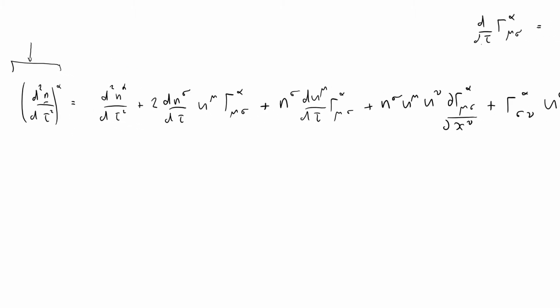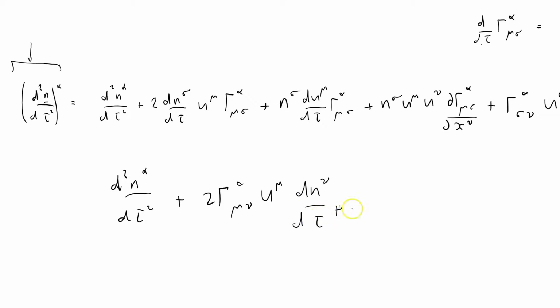The original geodesic equation with the green stars was d2n alpha by d tau squared plus 2 Christoffel alpha mu nu u mu dn nu by d tau plus n sigma ∂Christoffel alpha mu nu by ∂x sigma u mu u nu.